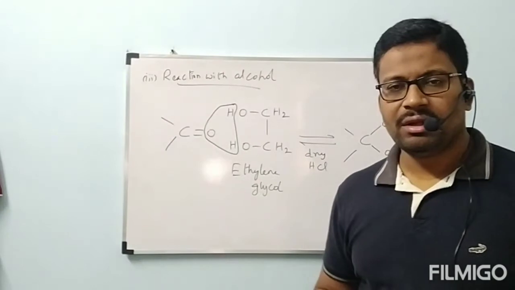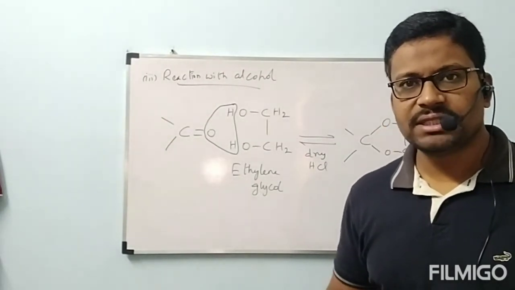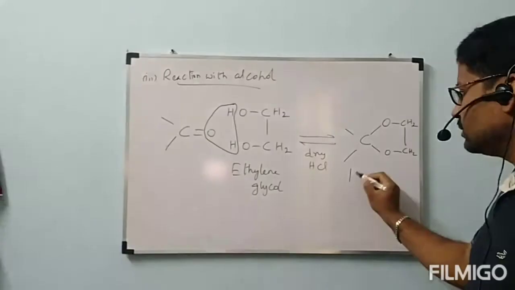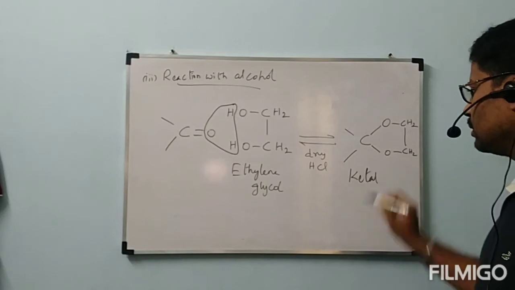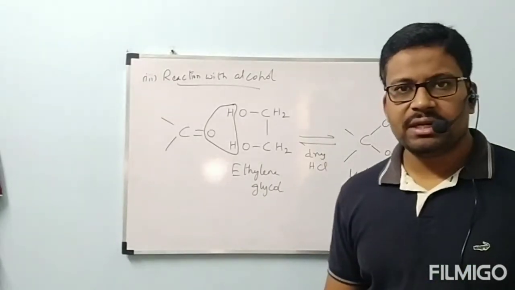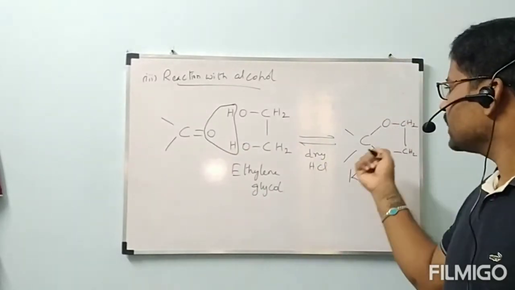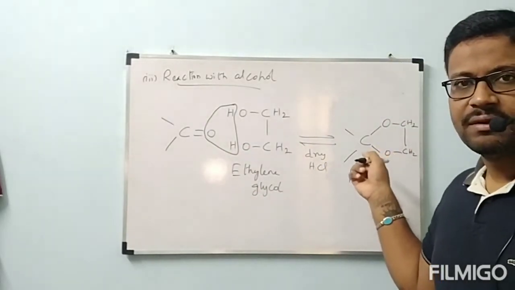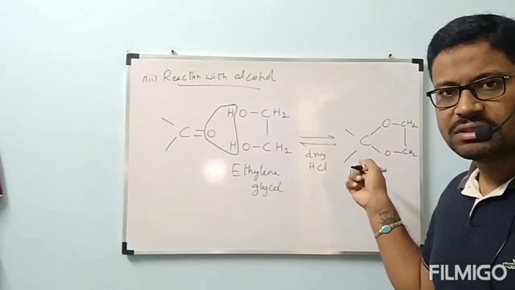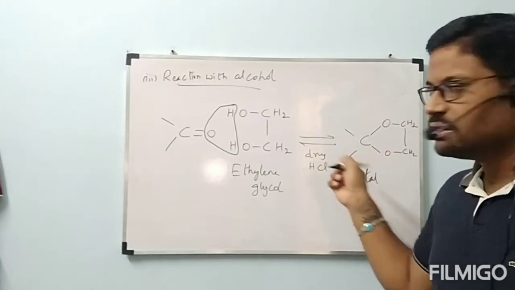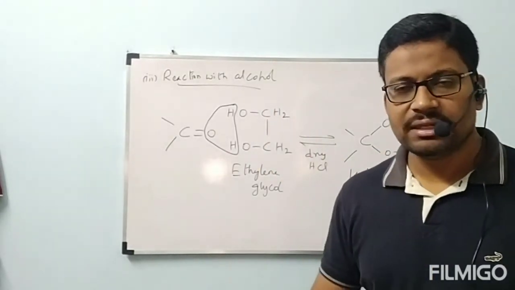From acetals or ketals, if you want to obtain back aldehydes or ketones, we can simply hydrolyze this one. If you hydrolyze acetals or ketals, we will get aldehydes or ketones easily.